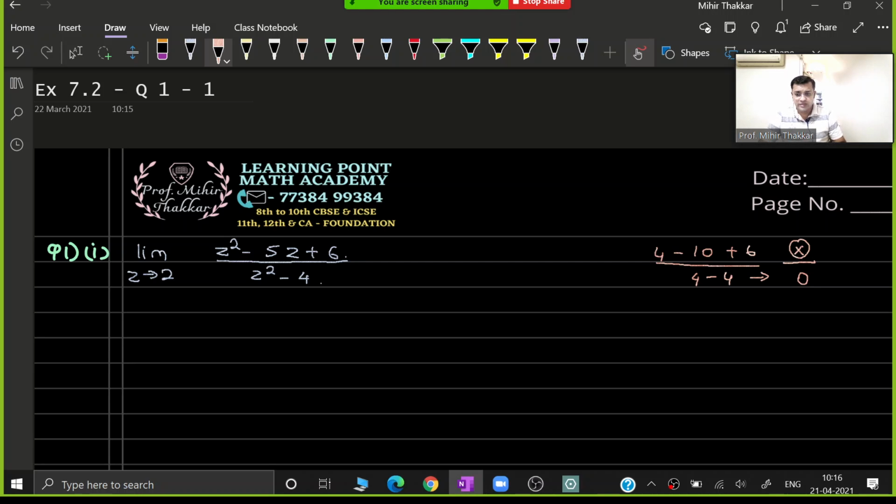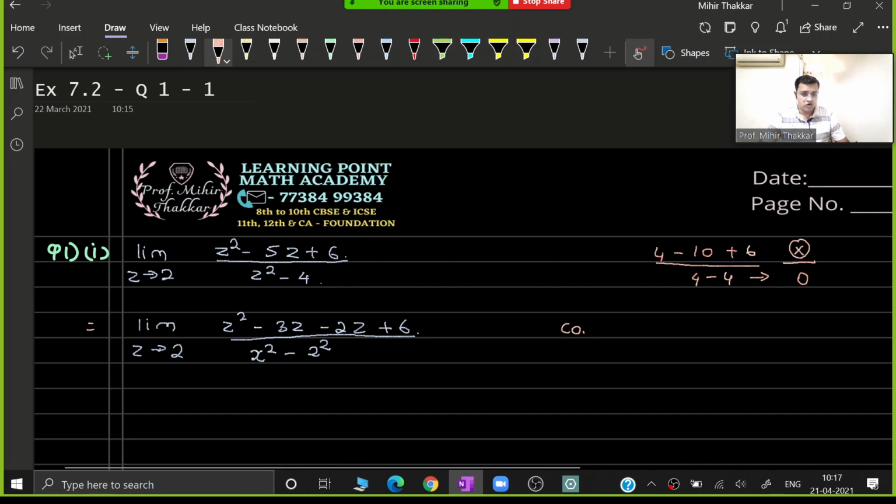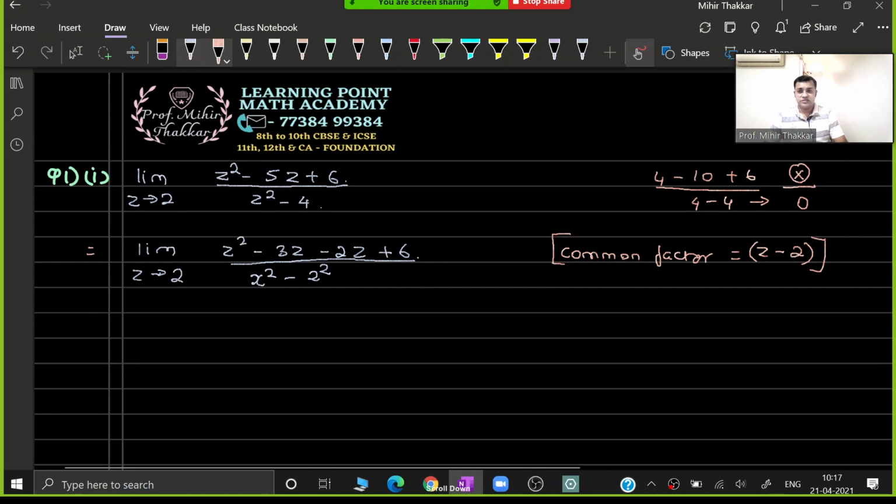So let's do that. It will become equal to limit as z tends to 2, (z square minus 3z minus 2z plus 6) divided by (z square minus 2 square). Obviously, guys, in this case the common factor is going to be z minus 2 in the numerator and denominator, for which we are doing this factorization.